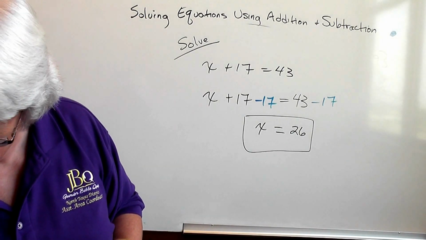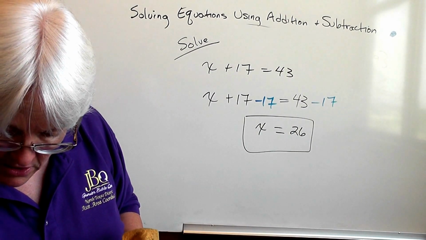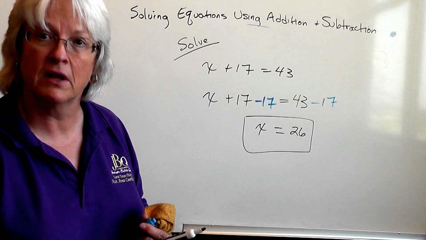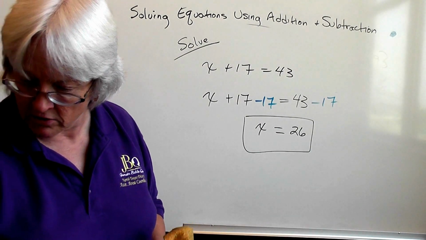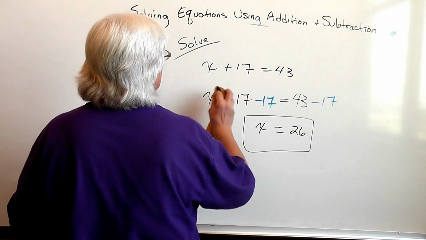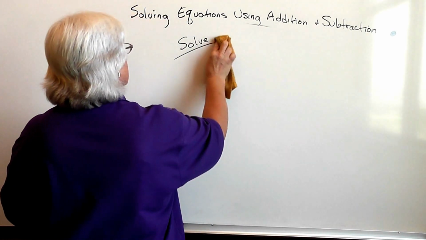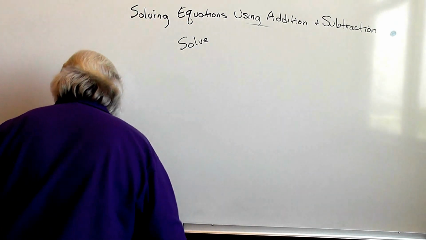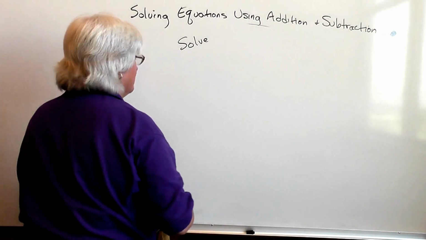Now, let's see. What do we do if we have a similar problem, but it says solve and check the solution? So we'll completely change this: solve and check the solution.